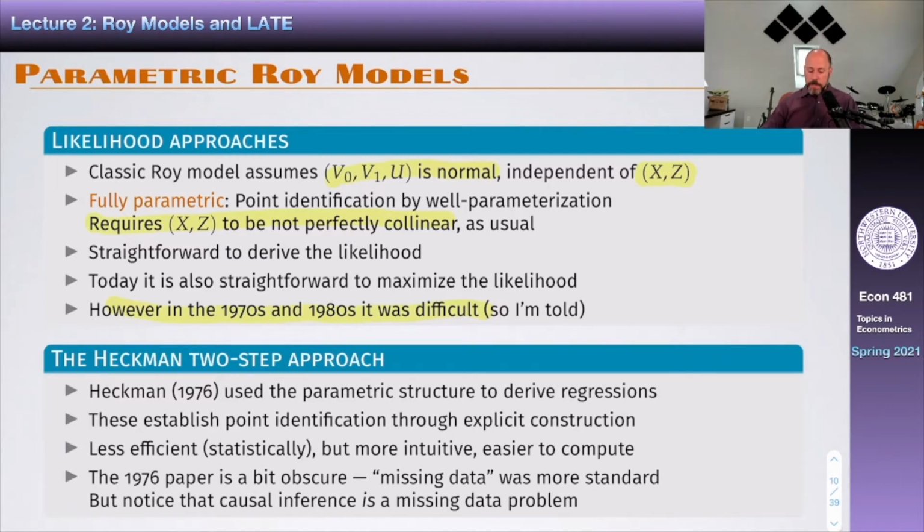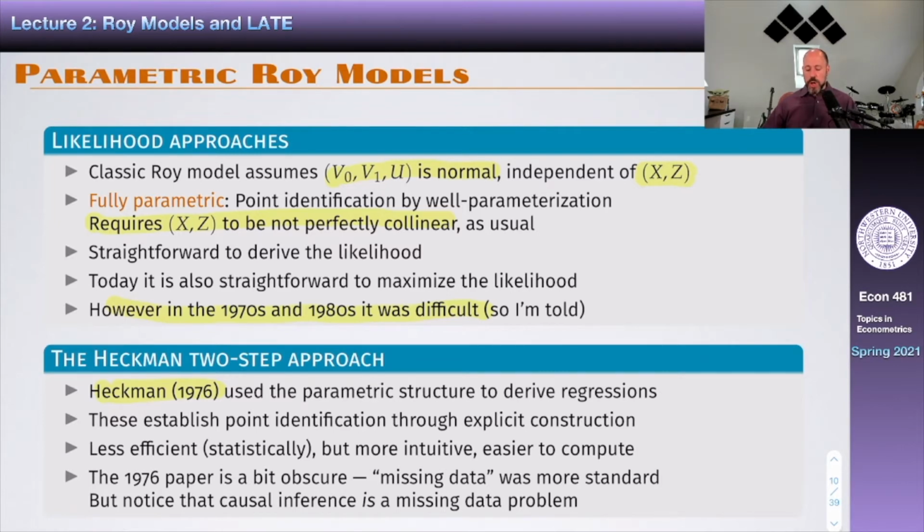But anyway, this model, which is called the two-step approach in Heckman, is essentially this Roy model with a parametric structure that is identified due to the parametric assumptions. It is less efficient than maximum likelihood, but is really intuitive, as I wrote over here.